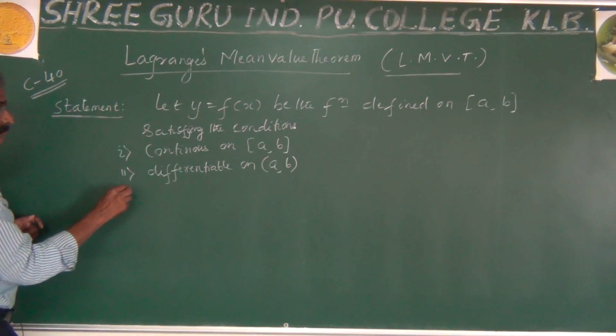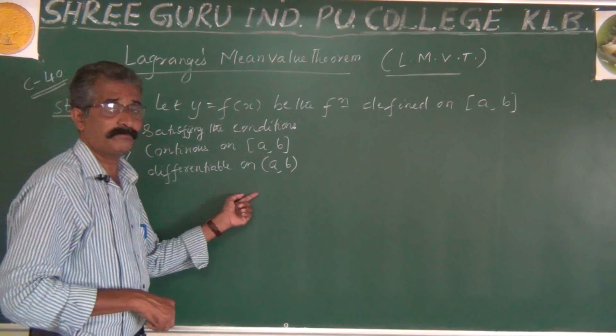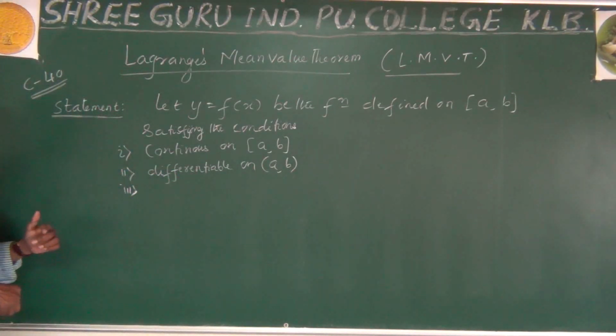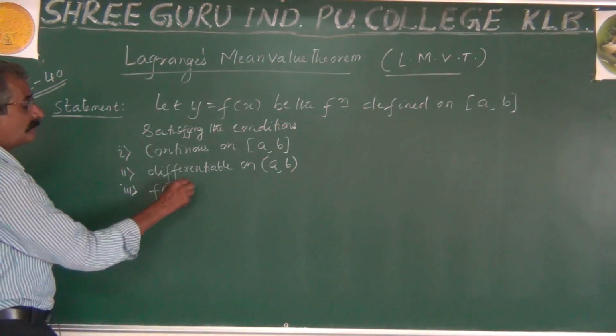Third one, in Rolle's theorem the third condition was f of a equal to f of b, but in Lagrange's theorem, f of a will not be equal to f of b.